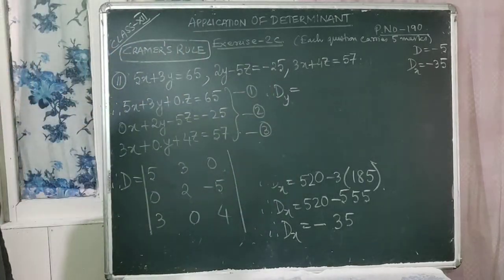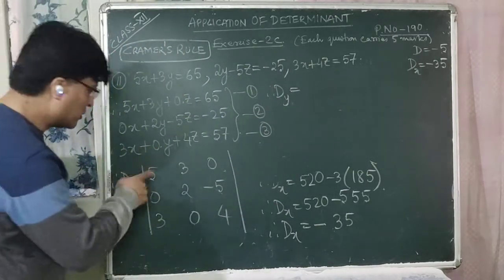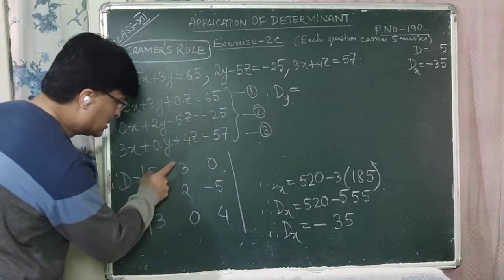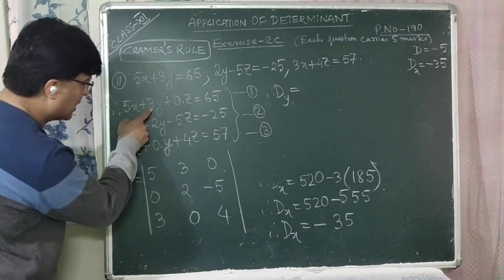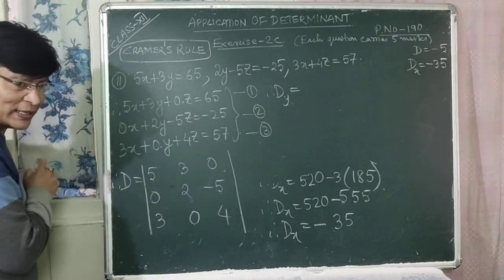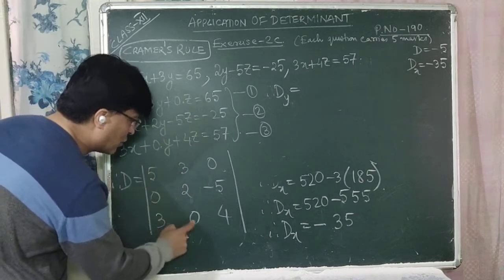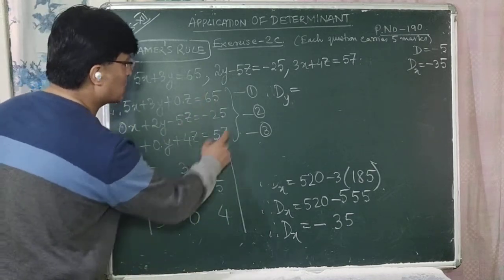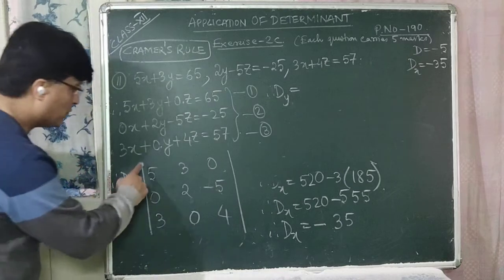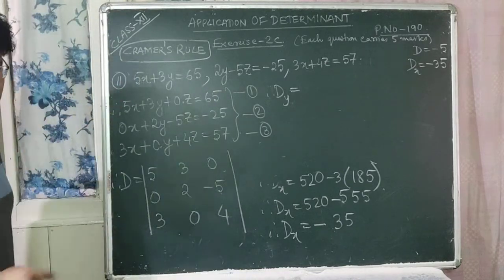So how can you find out the determinant dy now? Now you know that in determinant d, this second column, that is 3, 2, 0, are the coefficients of y.